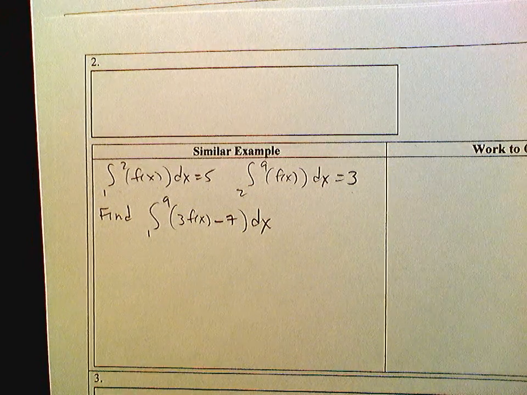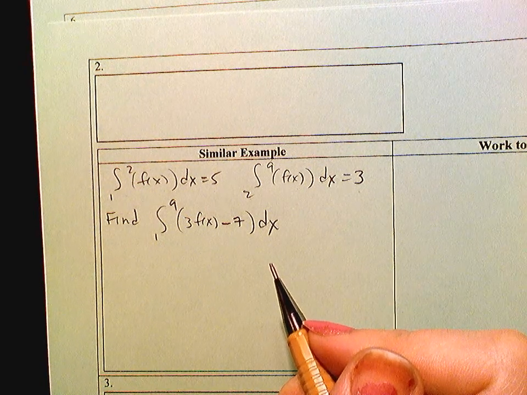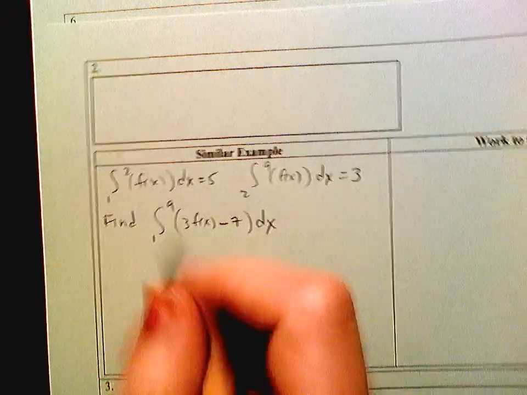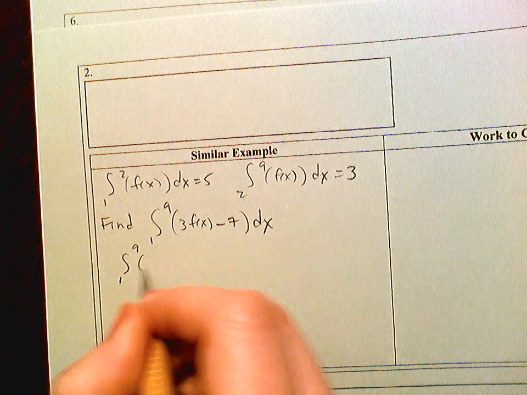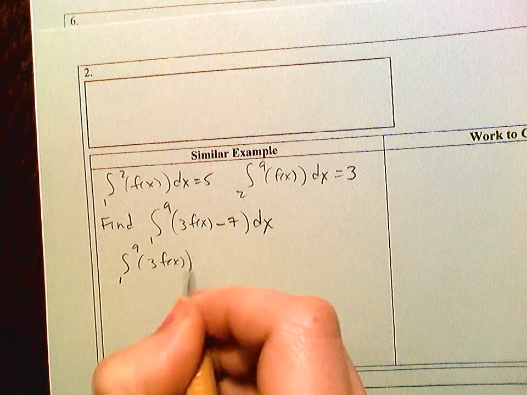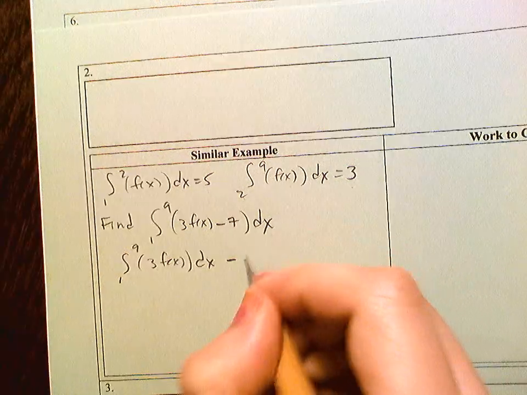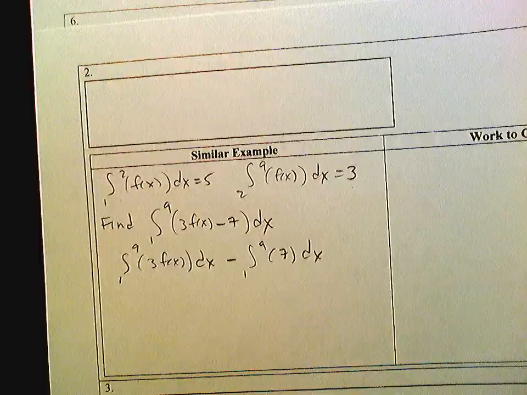I recommend that you break this up. So this is the integral from 1 to 9 of 3 f of x dx minus the integral from 1 to 9 of 7 dx.